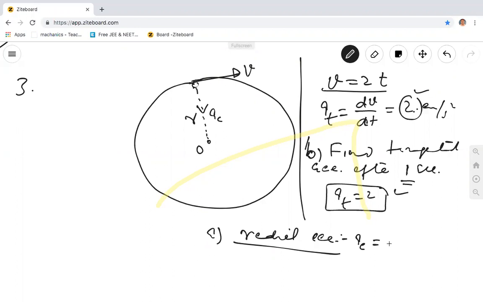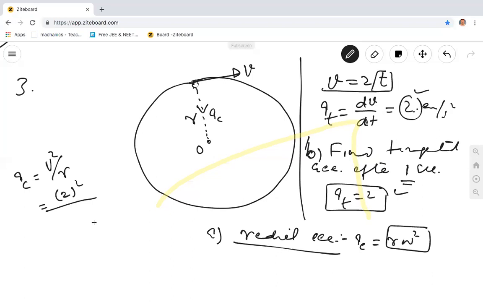It's r omega square. Isn't that? Yes. So centripetal acceleration is equal to, okay, even v square by r. That is also the formula. What is v after 1 second? 2. That's good. V after 1 second is 2. So it is 2 square by r. What is r should be given?